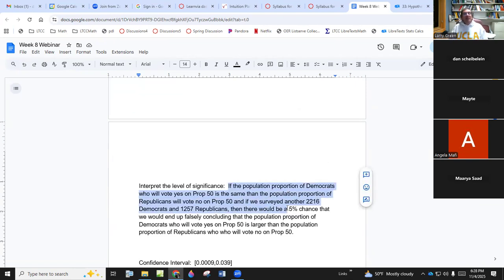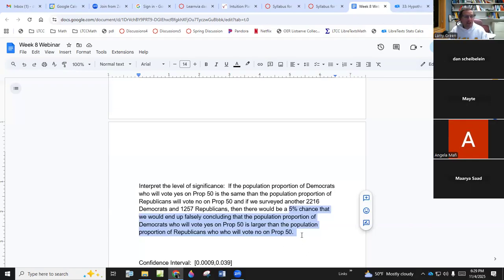So if the population proportion of Democrats who will vote yes on Prop 50 is the same as the population proportion of Republicans who will vote no on Prop 50, and if we surveyed another 2,116 Democrats and 1,257 Republicans, then there would be a, and now level of significance is 5%, so 5% chance that we would end up falsely concluding that the population proportion of Democrats who vote yes on Prop 50 is larger than the population proportion of Republicans who will vote no on Prop 50.